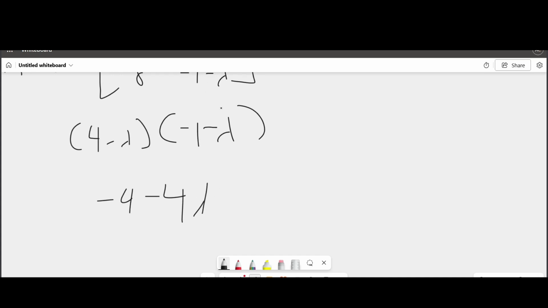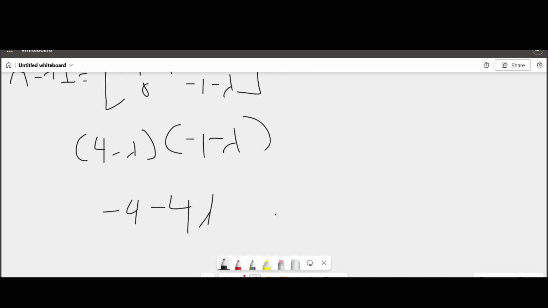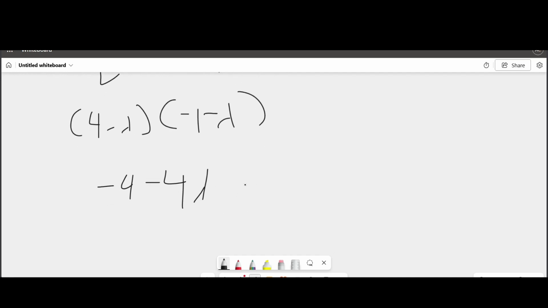Negative lambda times negative 1 is positive lambda.